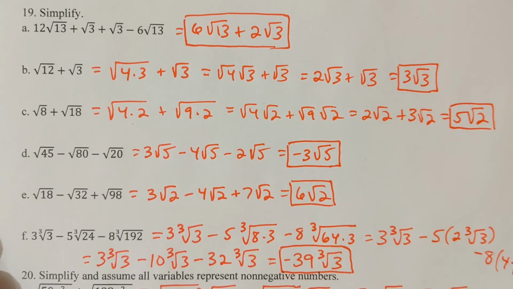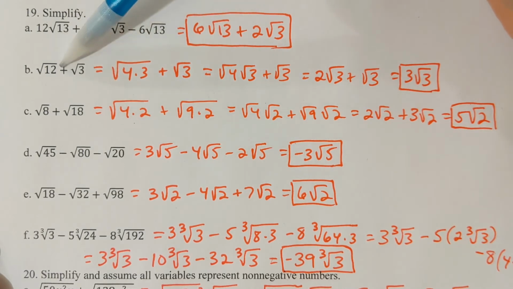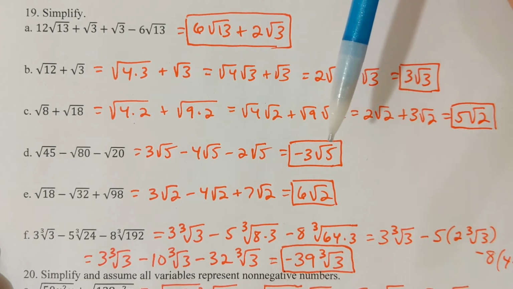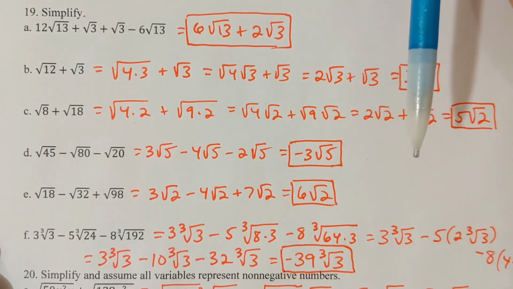Okay. Now, a mistake that I will see students make, be careful with this, is they just flat out ignore the square root or the radical in general. They'll say the square root of 12 plus the square root of 3 is the square root of 15. I don't know what they're thinking when they do that, because that is always going to be a wrong answer.